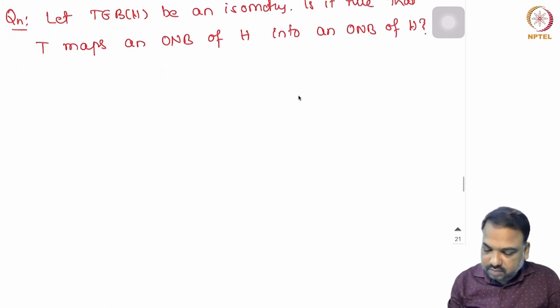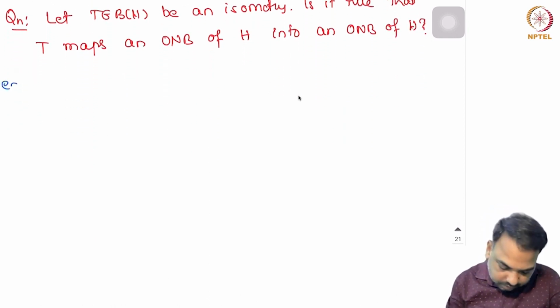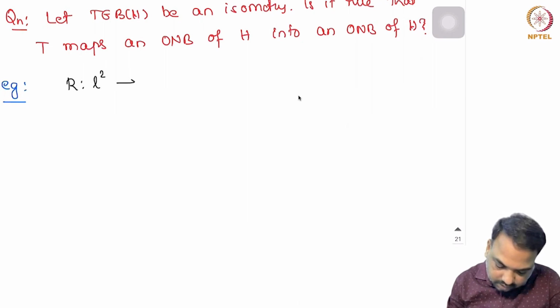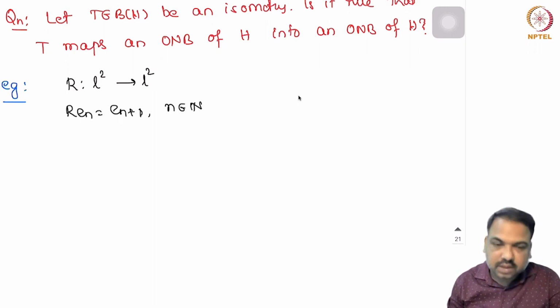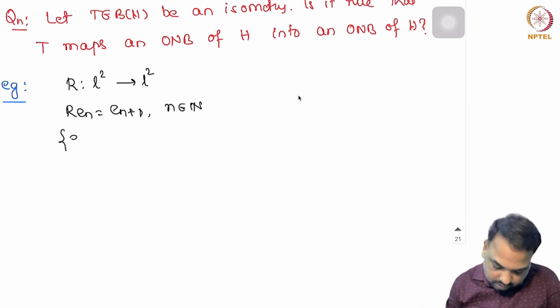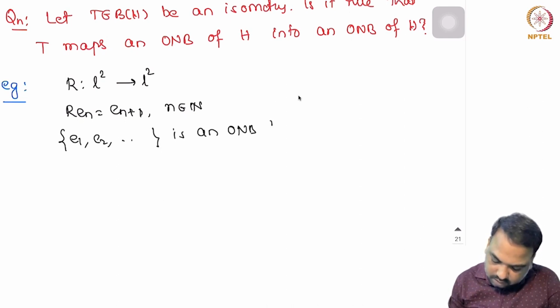So we can give an example. This is not true. So consider the right shift operator on L2. Here e_n is the standard orthogonal basis all the time. We know that e1, e2, and so on is an orthogonal basis for L2.